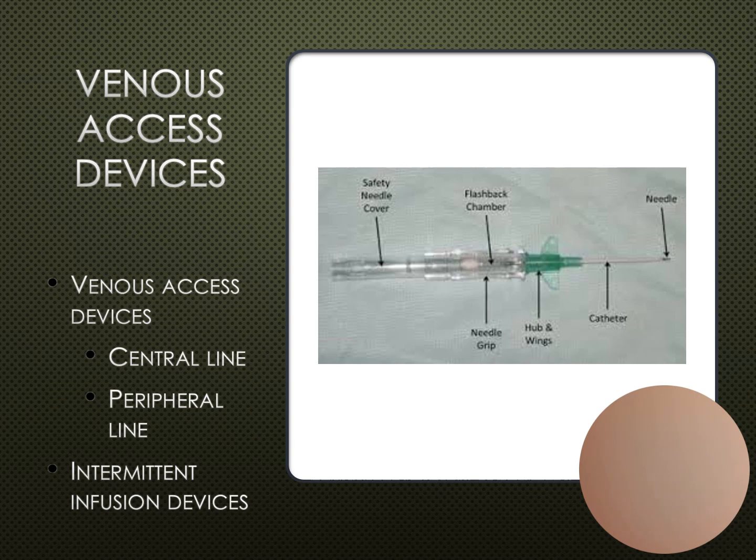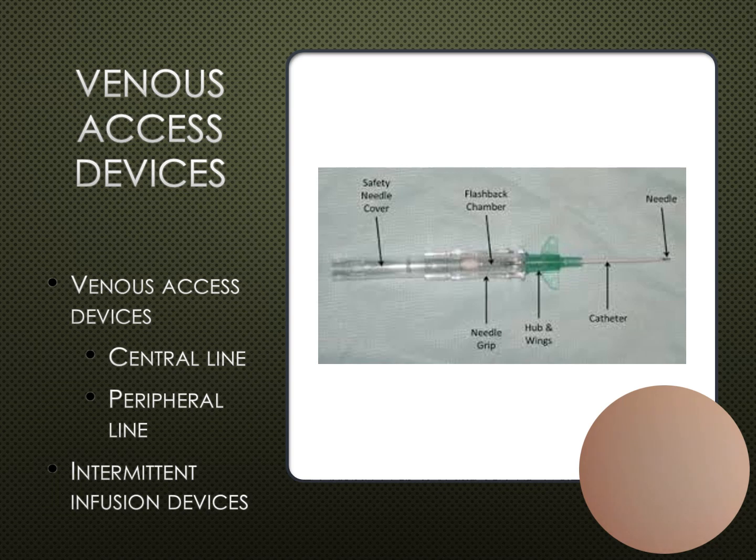It's going to be used for clients with chronic issues that require long-term but maybe intermittent therapy. It is accessed with a special non-coring needle in a right angle shape, and this type of needle is called a Huber needle. It cannot be accessed by LPNs. Peripheral lines are placed in the extremities or scalp of an infant and are intended for short-term use.